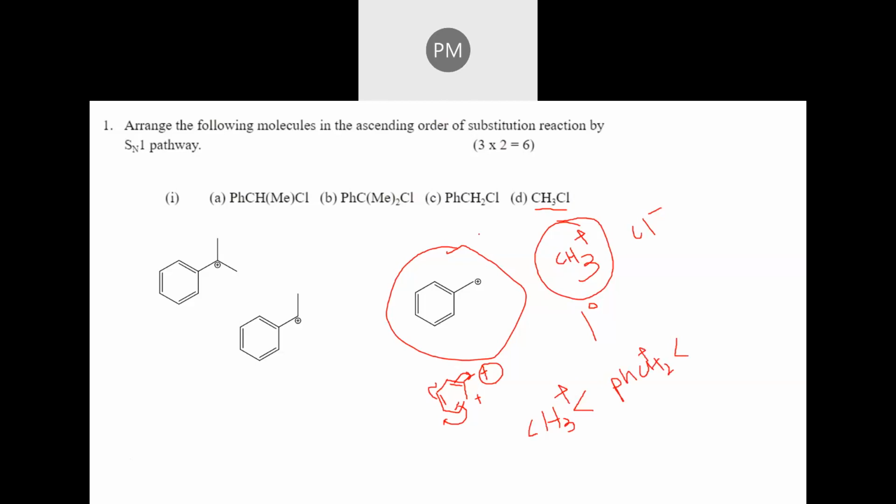Now between PhCH2Cl and PhMeCl: in the latter, the carbocation is both benzylic and 2 degree, whereas here it is only benzylic. So the 2 degree carbocation as well as the benzylic character are both responsible for the stabilization of this carbocation.